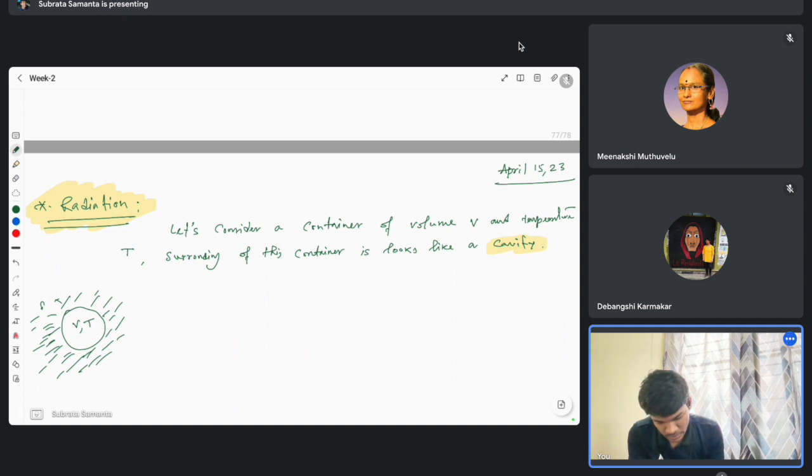Inside the cavity there are some radiations.